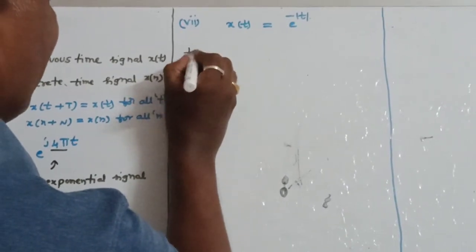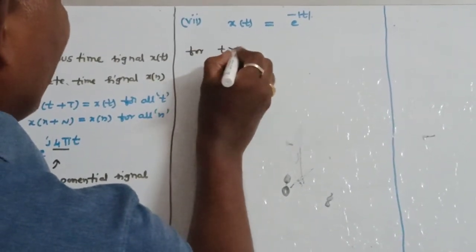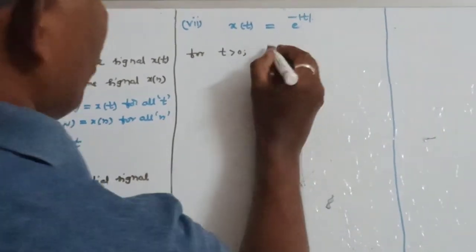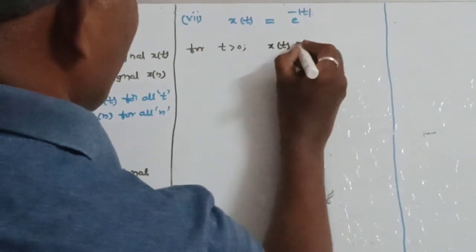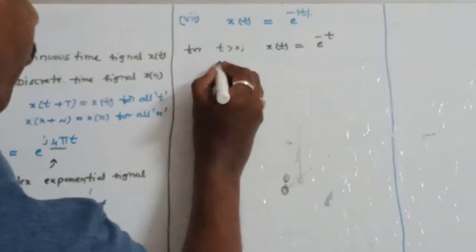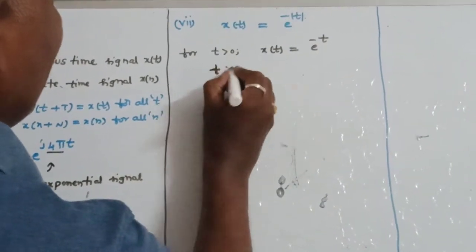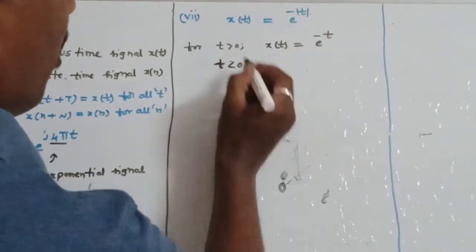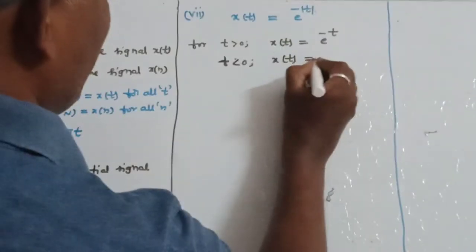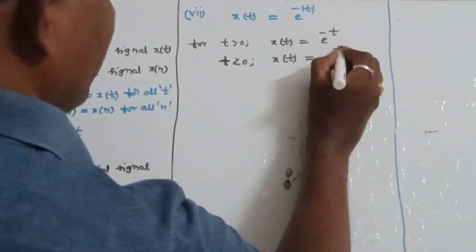For t greater than 0, mod t is plus t, so the x of t equation is e power minus t. For t less than 0, mod t is minus t, and minus into minus is plus, so x of t will become e power t.